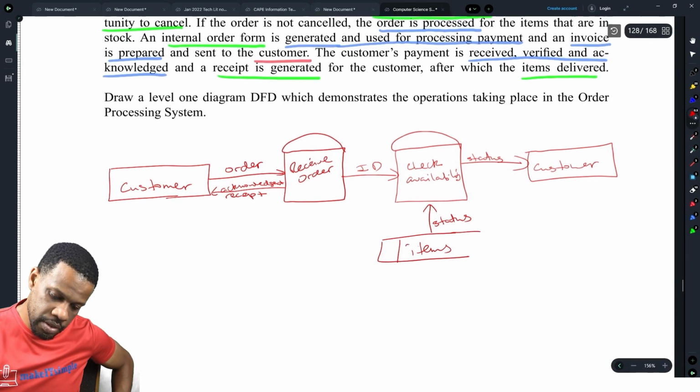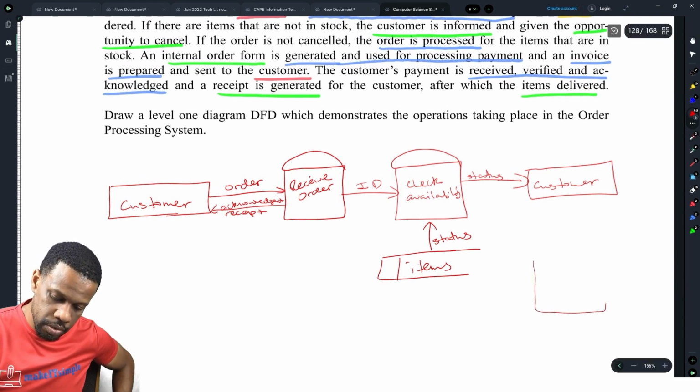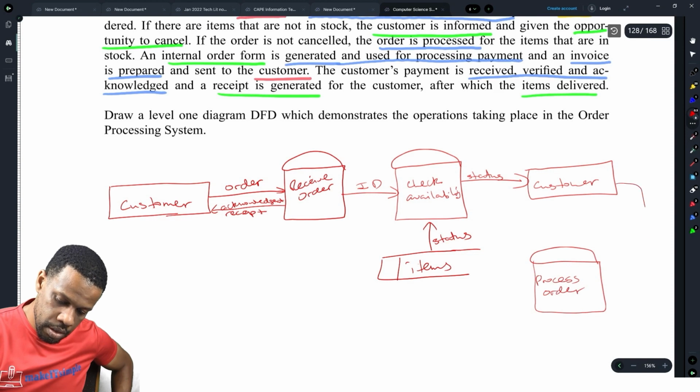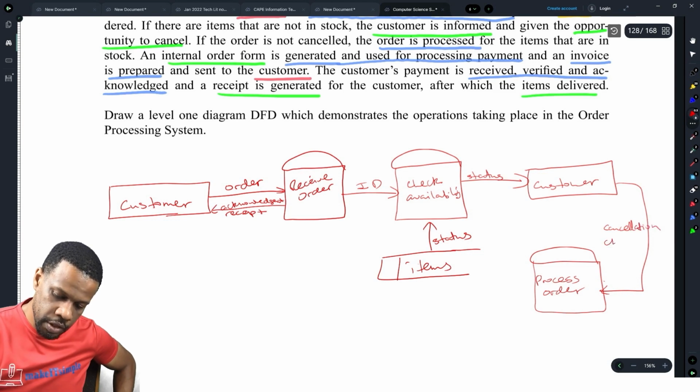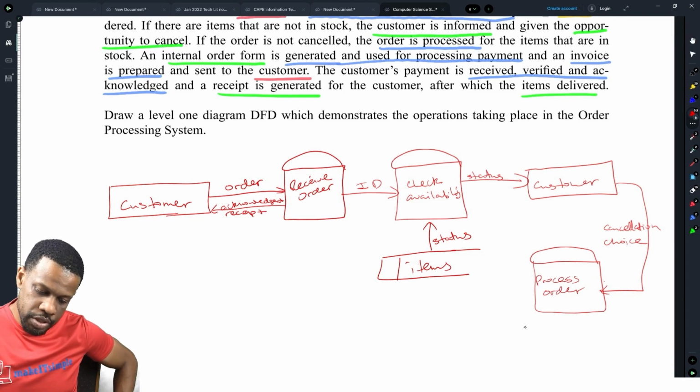The customer now will determine if they're going to cancel or not. So the customer will now send a message to say whether they cancel or not. If the order is not canceled, the order is processed. So then now we could go with process order. We say cancellation choice. The cancellation choice goes into process order.